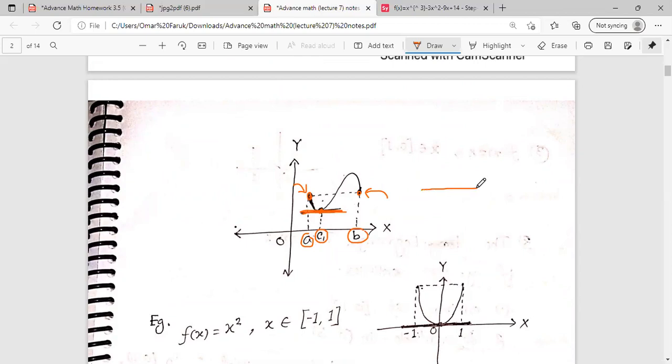Any horizontal line, its slope is 0, and any vertical line, its slope is undefined, or it has no slope. Okay, guys.